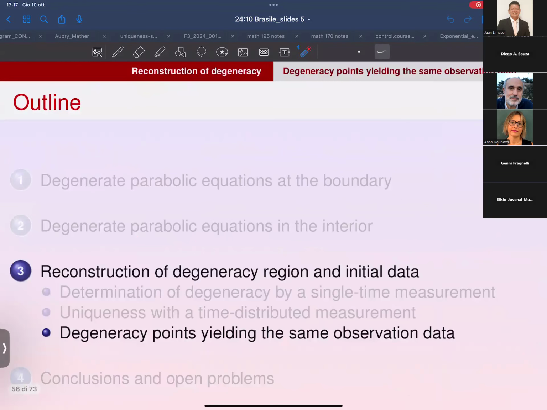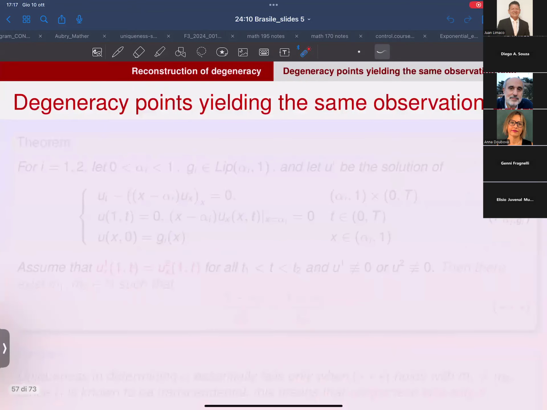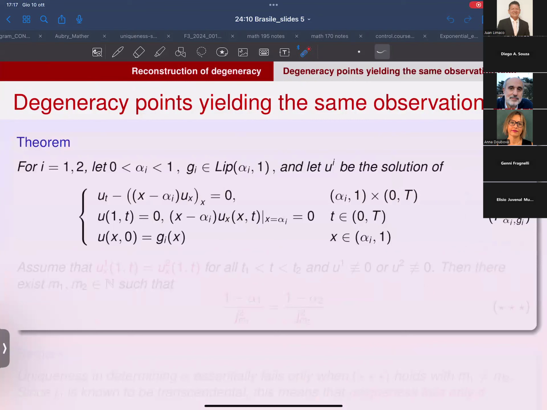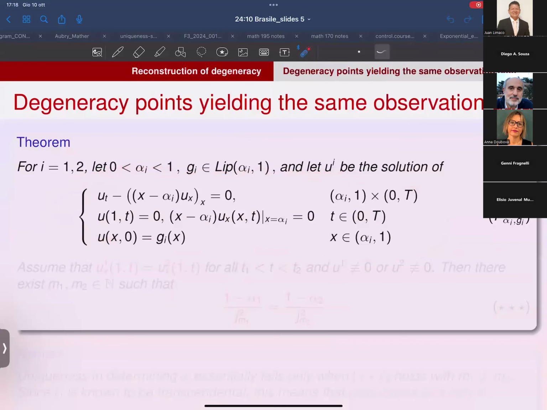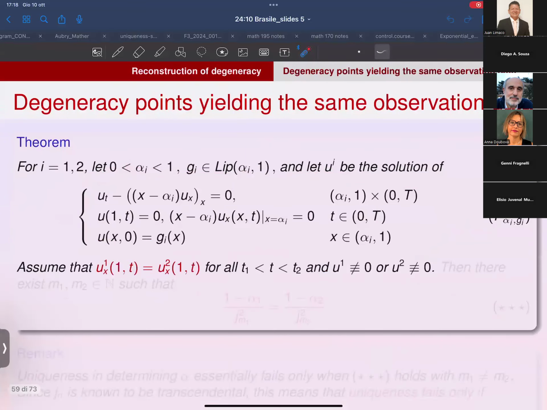Okay, so this is a uniqueness result with distributed measurement. And one last remark: what happens when uniqueness fails? So suppose you have the degeneracy and the initial data for which the solution of the initial value problem coincide with the normal derivative.